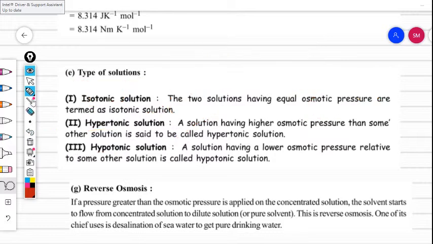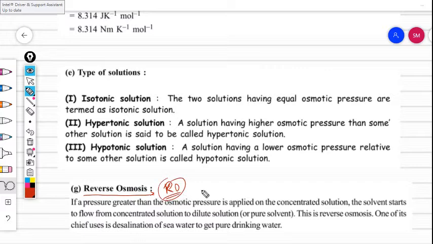Next, reverse osmosis. It is the application of excess pressure to the osmosis process so that you can get the pure solvent. This is what RO plants are. What is meant by RO plants?